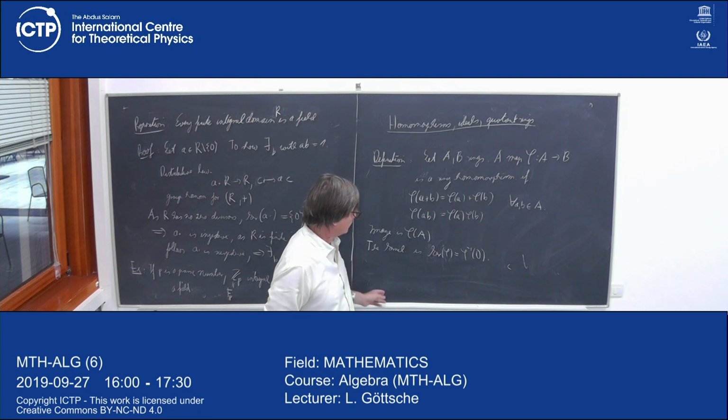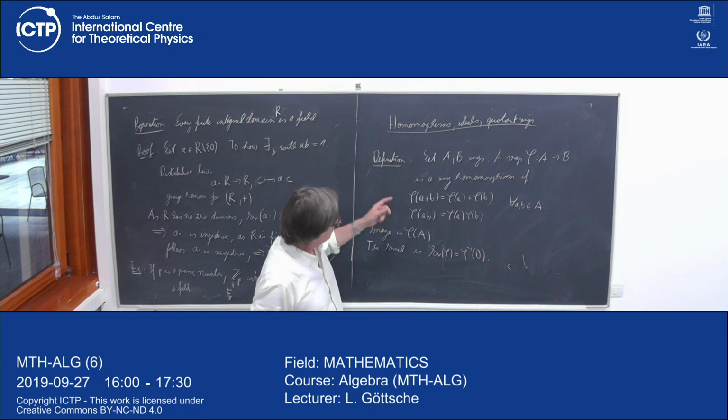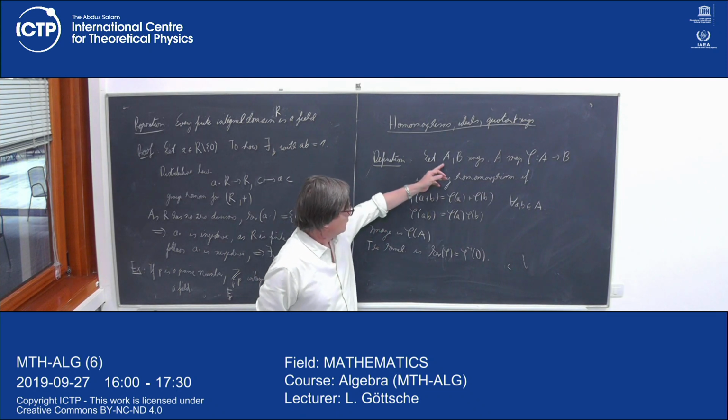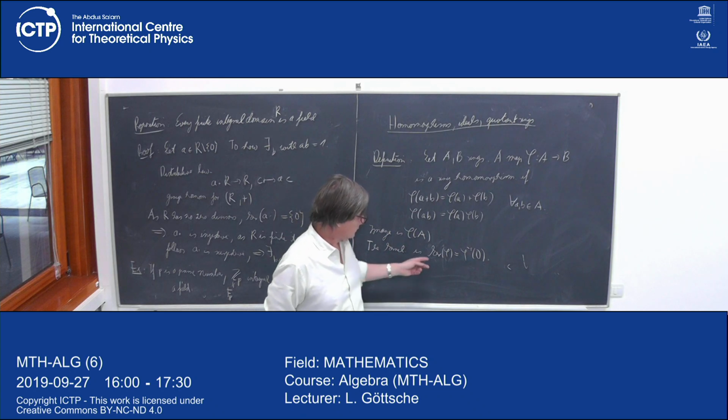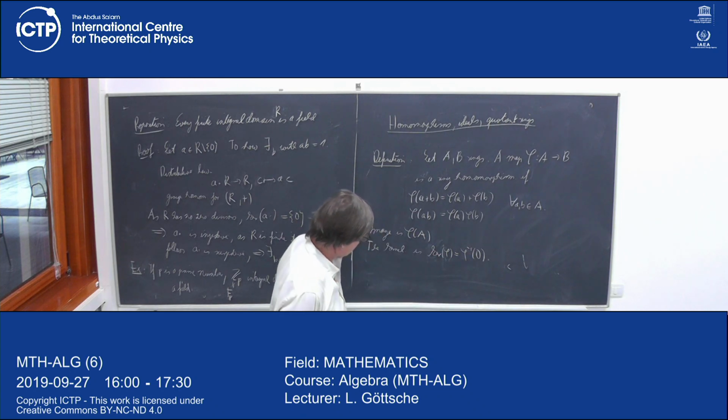It's anyway not part of the story. In particular, we know that A is a group with addition, so this says it's a homomorphism of abelian groups for the addition. So therefore we know that the kernel is a subgroup of A, and we know that the kernel is 0 if and only if the map is injective. And that's certainly a useful thing.